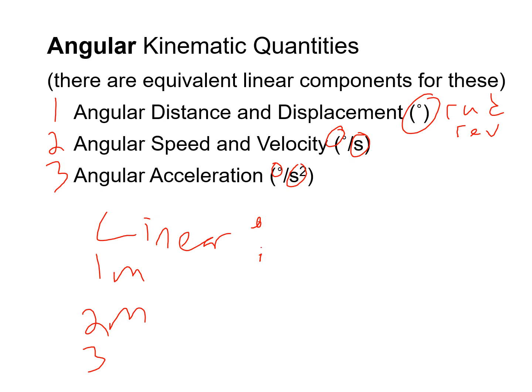So the only real difference is we're simply changing units. Instead of meters, we're looking at degrees or radians or revolutions, and for angular distance and displacement, just the degree. Angular velocity is degrees per second. Angular acceleration is degrees per second squared.